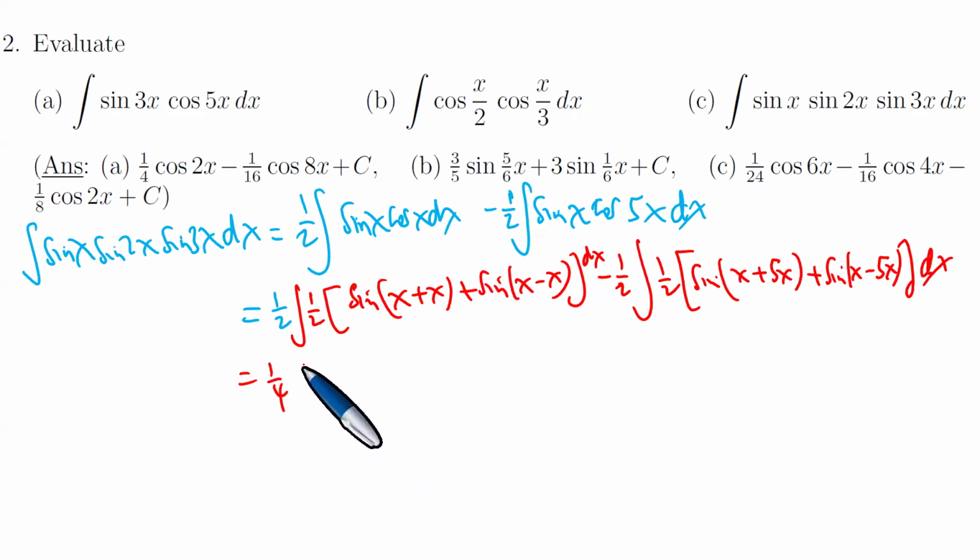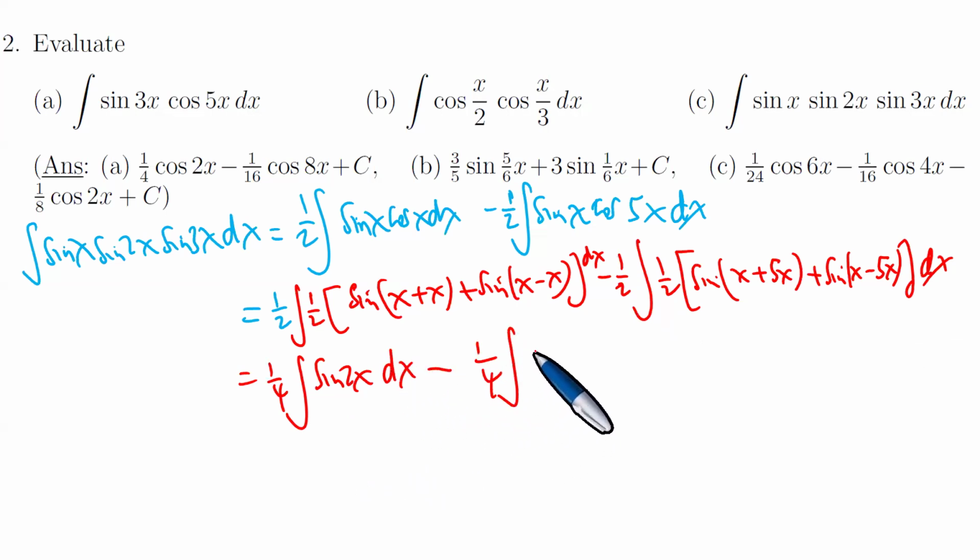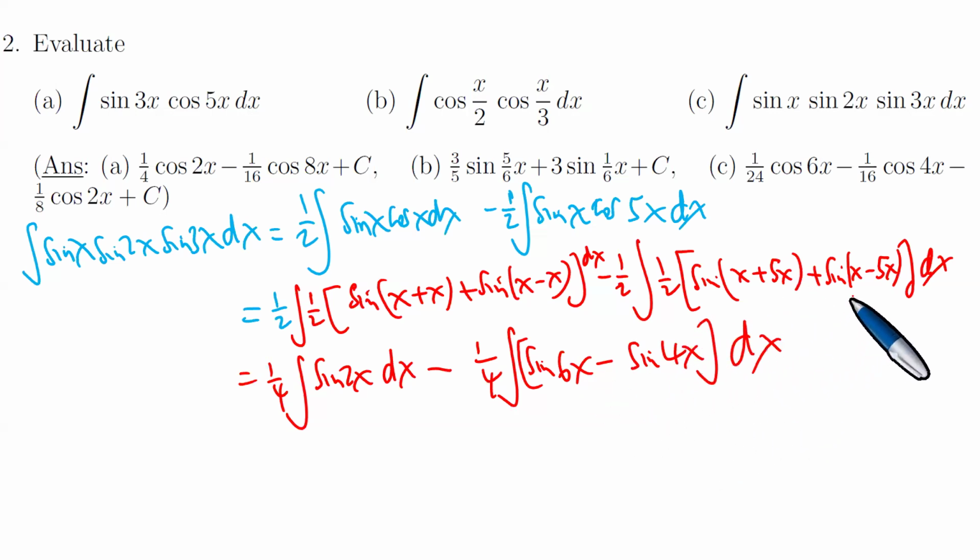Half of a half is 1/4. The integral of the sine of 2x dx minus 1/4 the integral of the sine of 6x minus the sine of 4x. Okay, but yeah, it's going to go out like that because x minus 5x is minus, but through the sine the minus goes through.